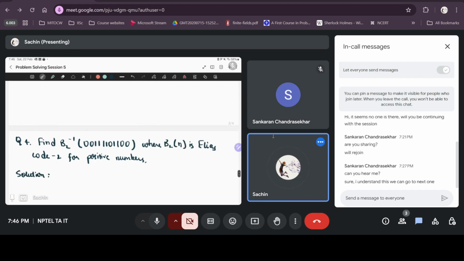So here the initial part of 001111, this number is Elias 1 code. So first we see the number of leading runs of zeros, which is 2.